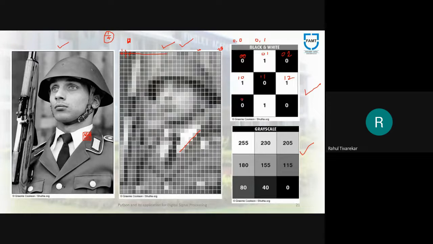Then this is 2 comma 0, 2 comma 1 and 2 comma 2. So this way x increases in the vertically downward direction and y increases in the rightward direction. Please remember this. So with this basic knowledge, we will now see what is there inside the syllabus.